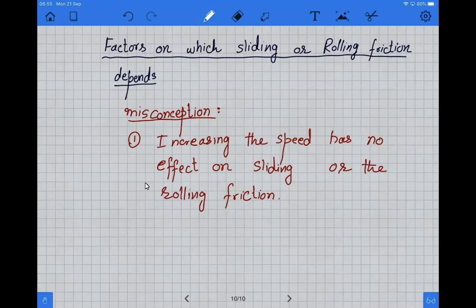So I should clear that work is force times displacement. When something is moving faster, its displacement will be more and work will be more as well, because of which the power will increase. Friction remains same. So at all the speeds, low speeds or high speeds, the friction is a constant. It cannot be changed.